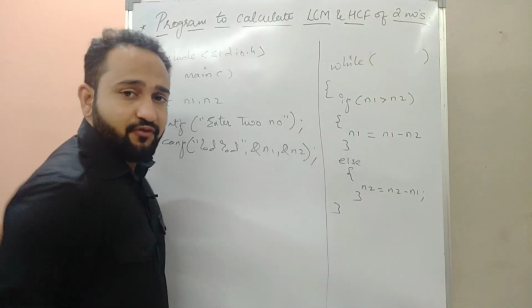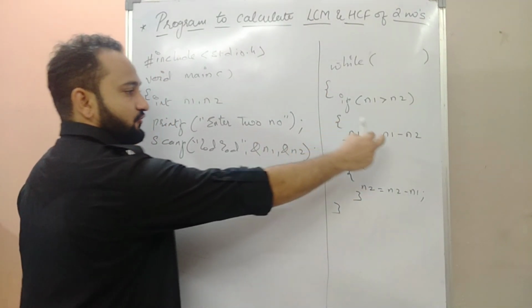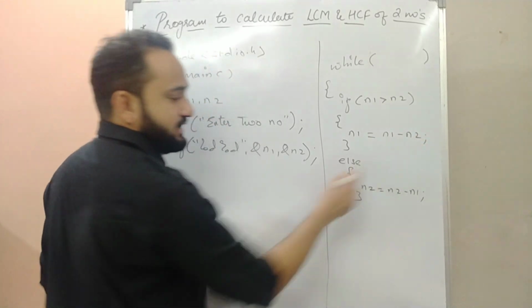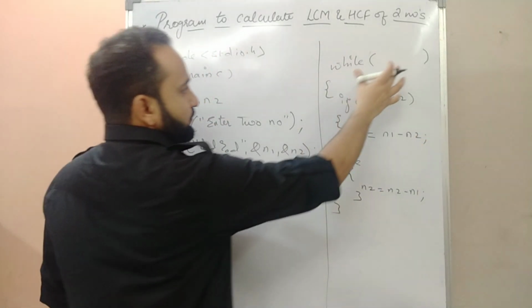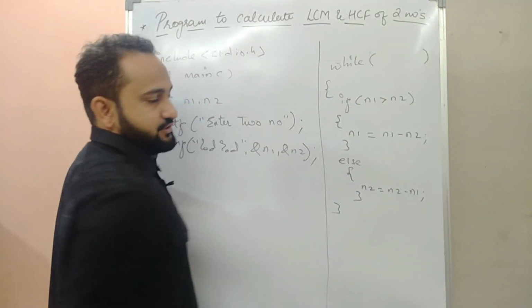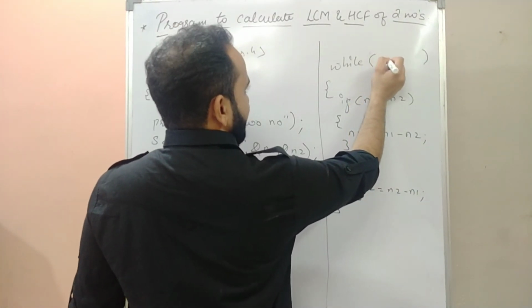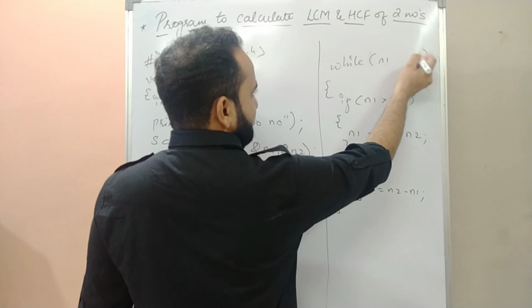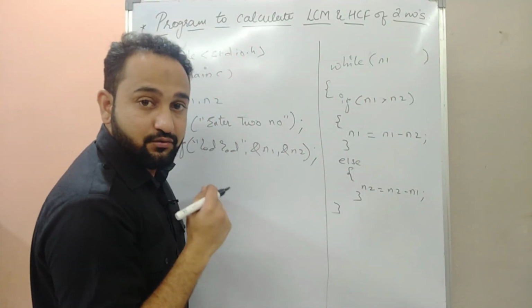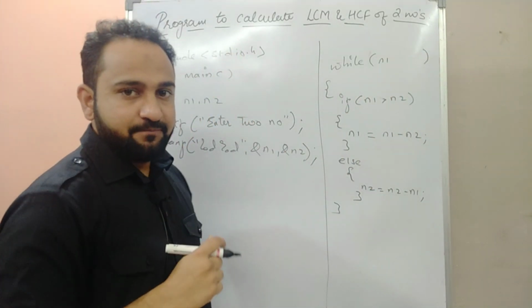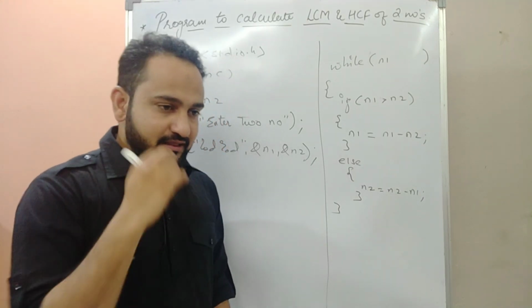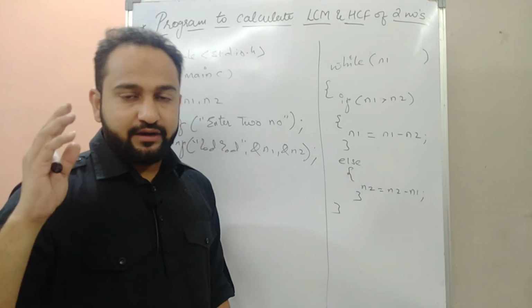Till what time do we have to perform this operation? Till the value of n1 and n2 becomes the same, right? So what should be the condition? While n1 is equal to n2, should I put that condition? If I put that condition, it means repeat this loop till the value of n1 becomes equal to n2.